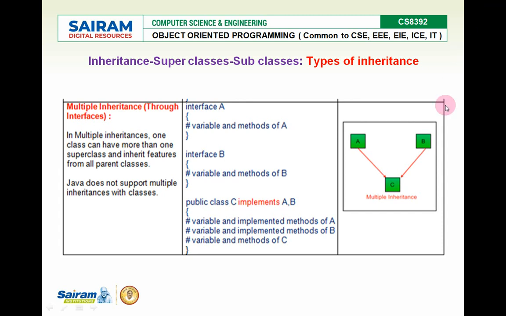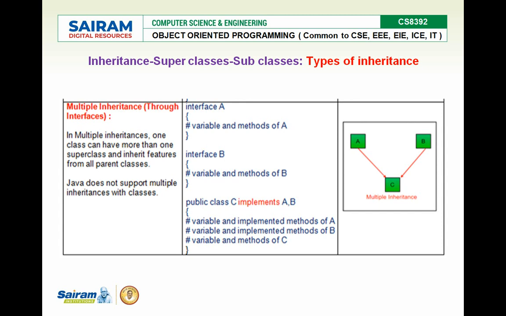Even though the same function name is in A and B, only one function will be taken into account for the implementation of interface A and interface B. As of now, you have this thumb rule: multiple inheritance is supported by interfaces, not by classes. You can't have multiple classes as your inheritance.